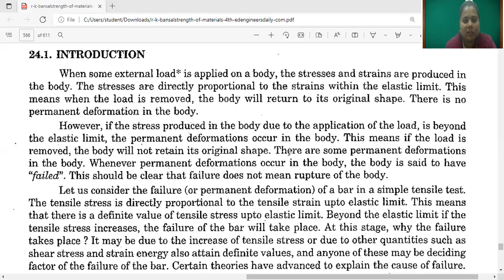Then we will move towards the next paragraph. Please write.